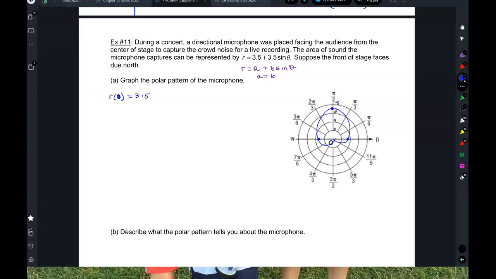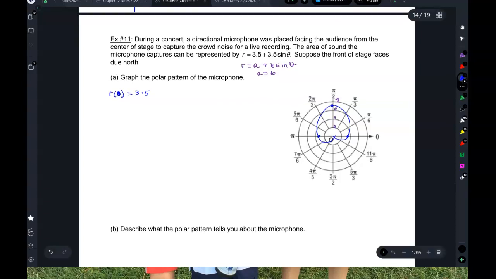So this will be half of 3.5, which is like 1.75, plus this, right? Do you see how quickly you can do that in your mind? It's opposite to where the maximum is. Okay, so that's what it looks like.